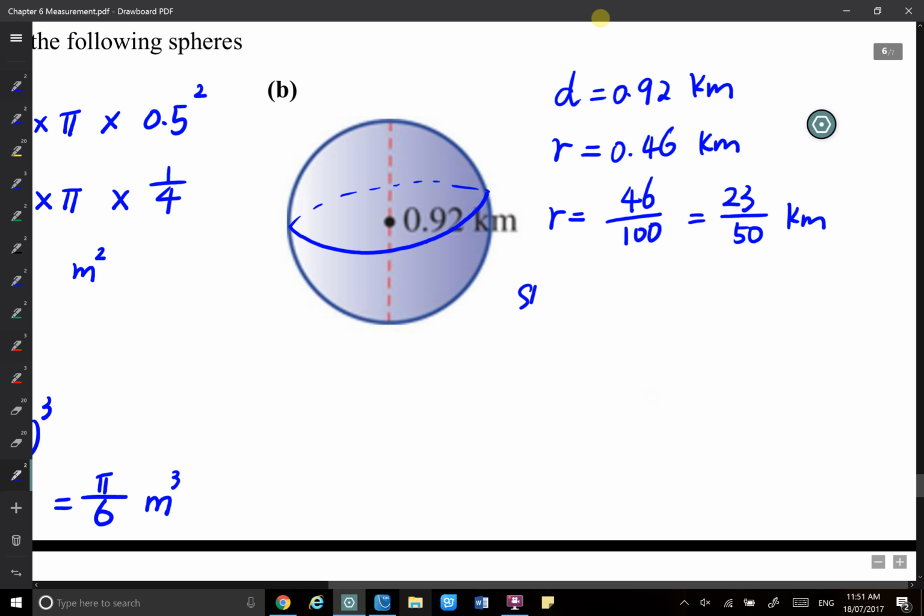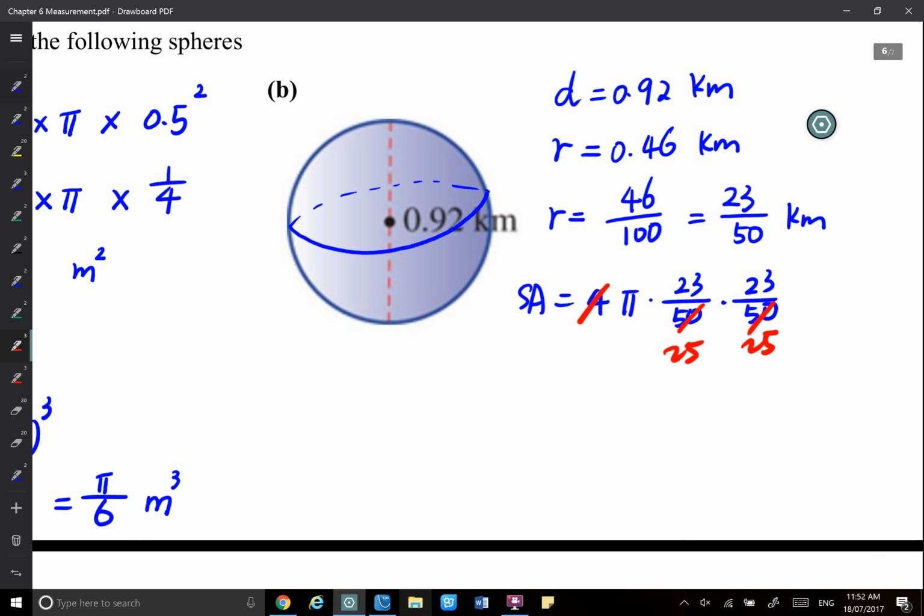Surface area is 4 pi r squared. So it's 23 over 50 times 23 over 50. This 4 can make 25 and 25 each. 2 cancels with 50 and another 2 cancels with another 50.